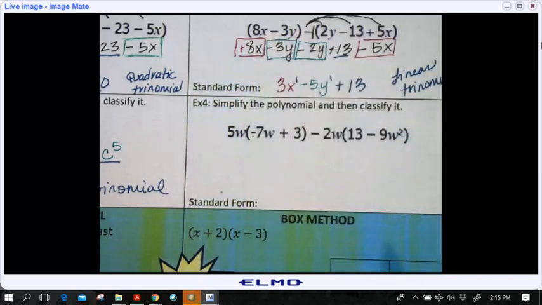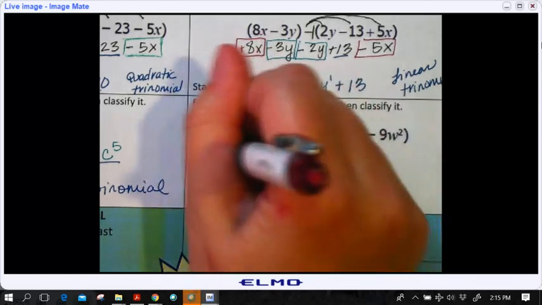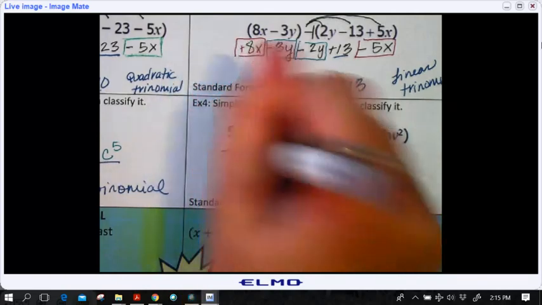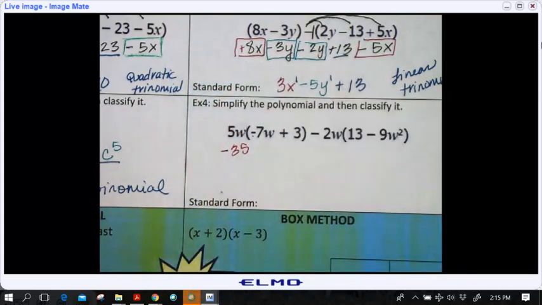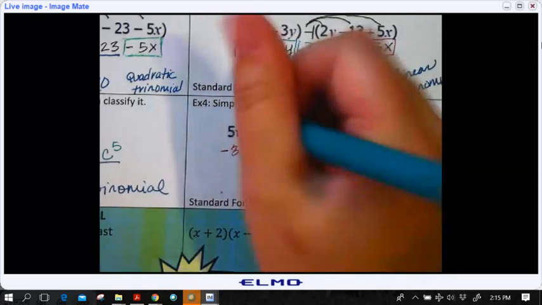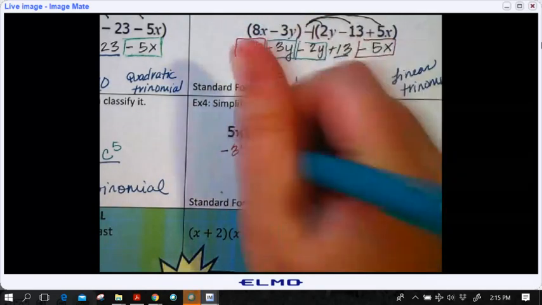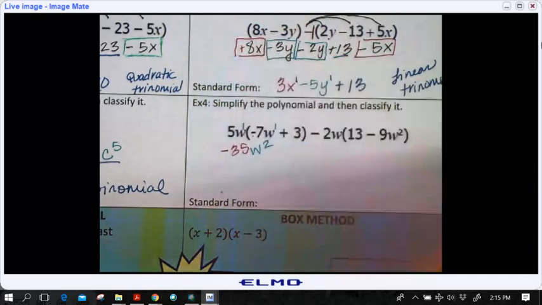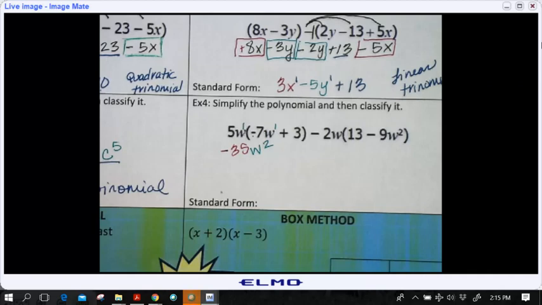So again, I'm going to handle the coefficients separately from how I handle the variables. So 5 times -7 is -35. And then w times w is w squared. Okay.